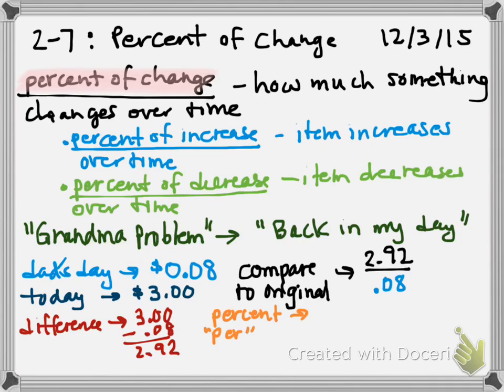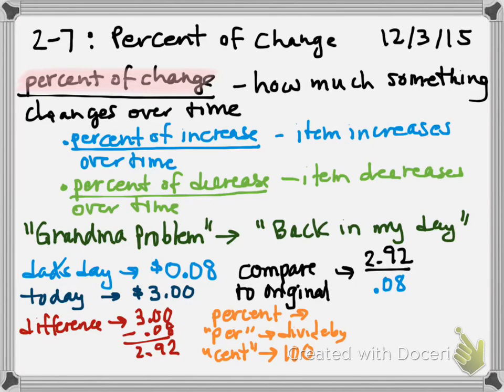Marlene is mouthing divide. She's right. So per means divide by. And what does cent mean? Jacob? 100. You've got 100 cents in a dollar. You have 100 years in a century. Okay? So it's 100. So percent means divide by 100.